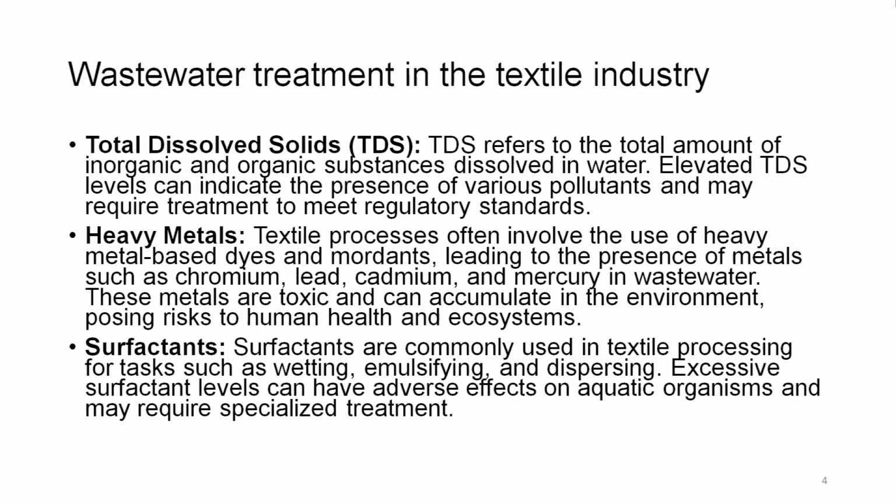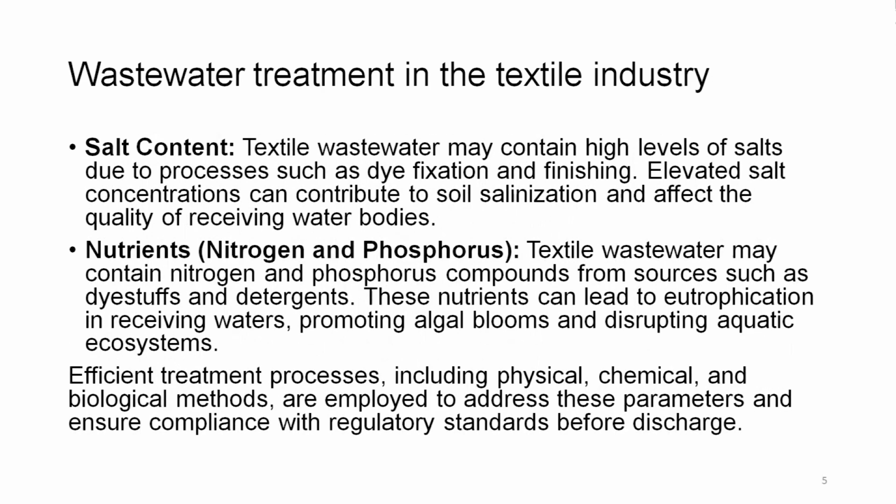Surfactants. Surfactants are commonly used in textile processing for tasks such as wetting, emulsifying and dispersing. Excessive surfactant levels can have adverse effect on aquatic organisms and may require specialized treatment.